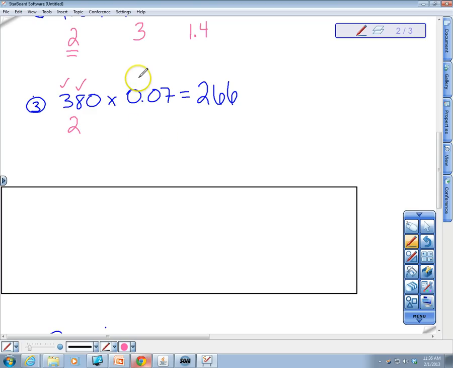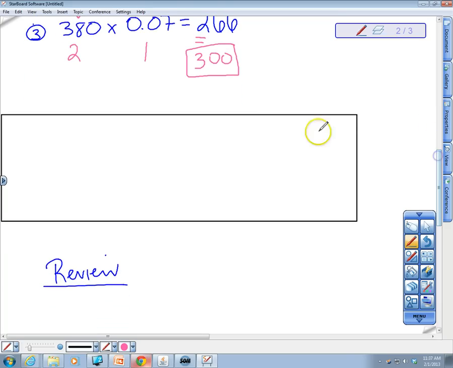Here I've got a leading zero, which is not significant, another leading zero, which is not significant, and a non-zero. I have 1 significant digit. So I'm going to count over here. 1. That's the place value to which I'm going to round. I'm going to round 200. It's in the hundreds place, so I need to leave it there. The 6 tells me I'm going to round it up to 300. That's my final answer, 300.